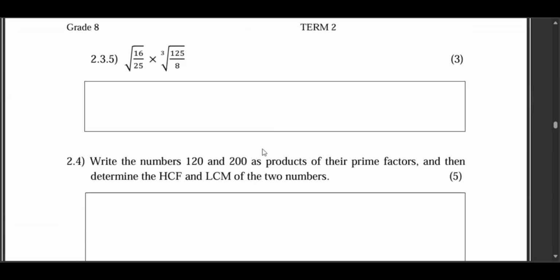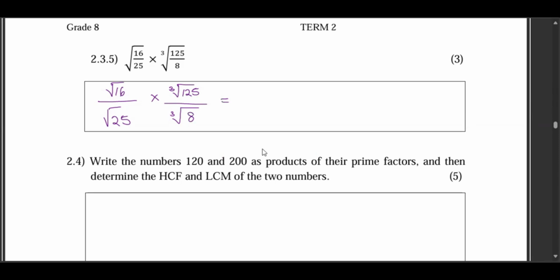Simply meaning we need to get the answer. Now, how do we simplify this? This simply means you're looking for the square root of 16 over the square root of 25 times the cube root of 125 over the cube root of 8.